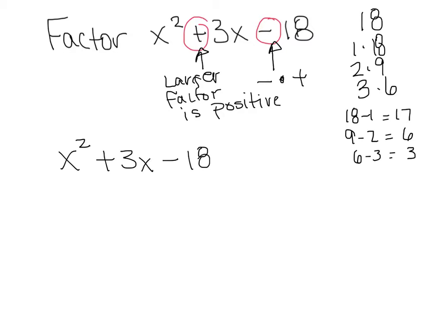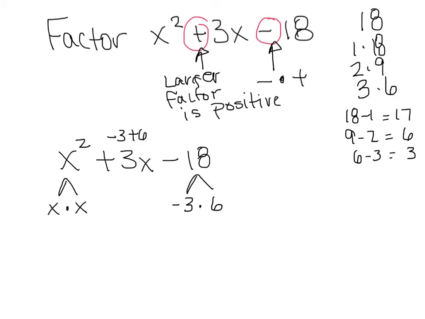The factors that I'm using for that negative 18 are negative 3 times 6. I've got x times x here. I know that negative 3 plus 6 would give me that 3x, or the coefficient 3.